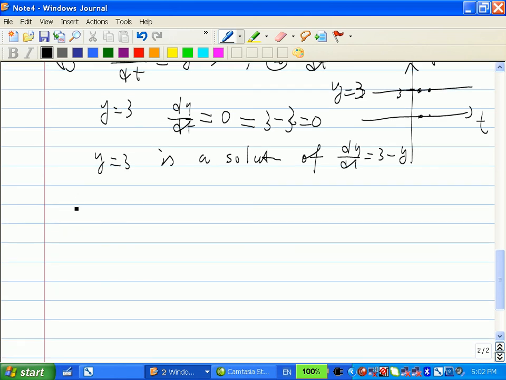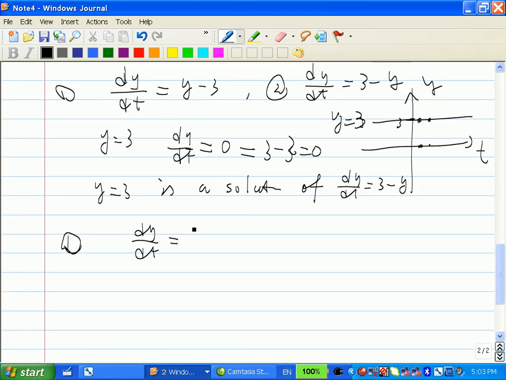Now let's look at how this question can be answered by the direction field. Let's look at the first choice, dy/dt equal to y minus 3. Now let's plot the direction field of that.